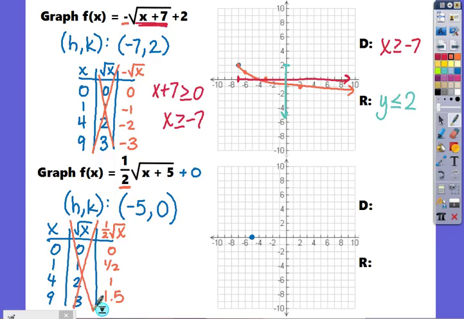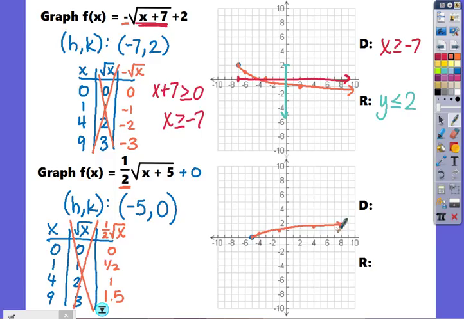And now from this -5, 0, I'm going to go over 0, up 0, over 1, up just a half, over 4, up 1, and over 9, up 1.5.